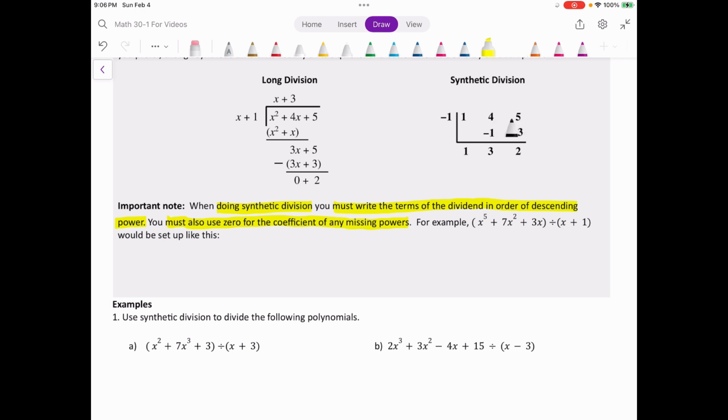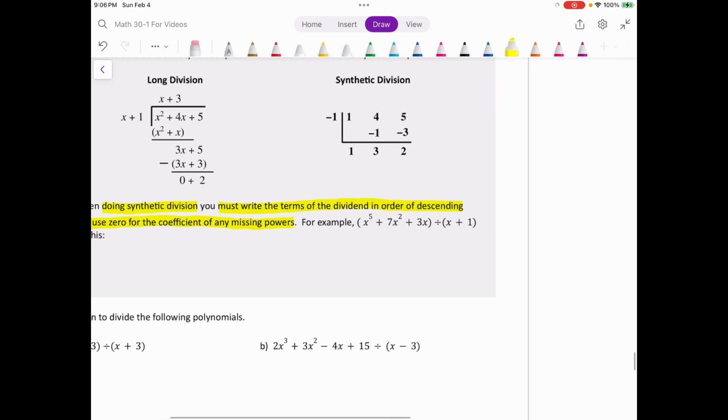Meaning that it thinks this is the constant, this is the x term, this is the x squared term, which is correct for that one, right? But what if this was supposed to be x cubed plus 4x squared plus 5x, right? It actually wouldn't know.